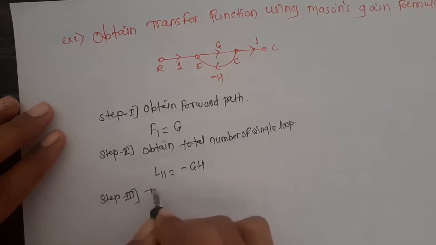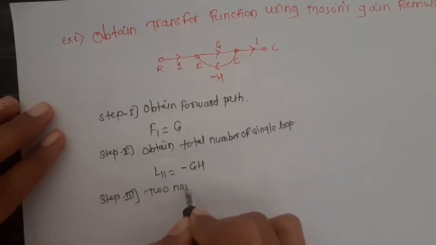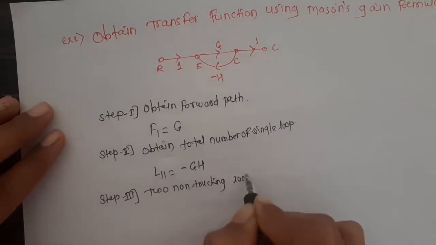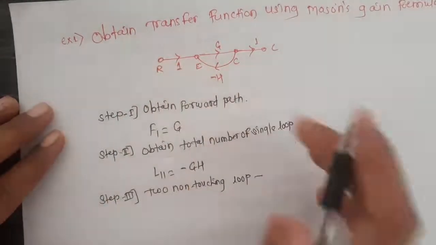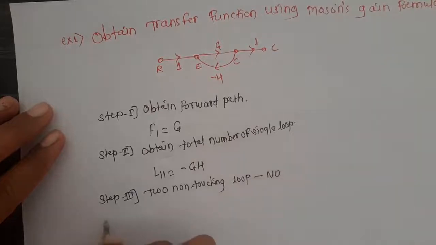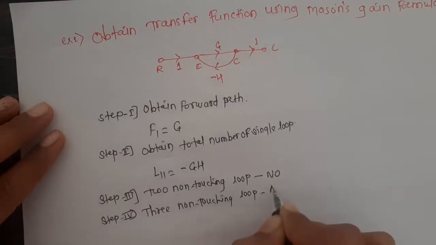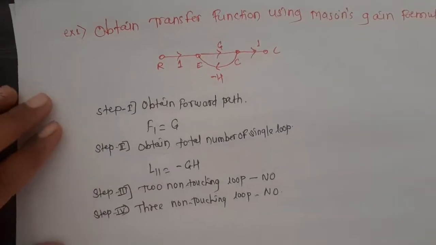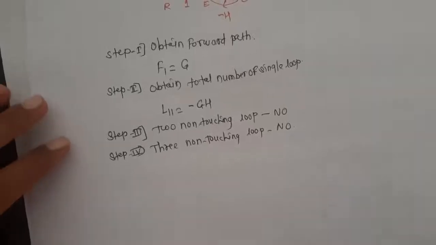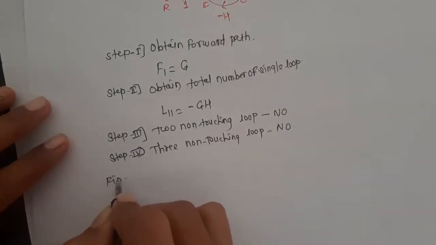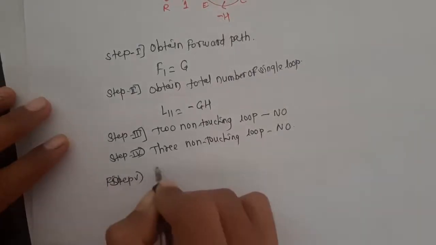Now step 3 is two non-touching loops. Here there are no two non-touching loops. The next step is three non-touching loops. There are also no three non-touching loops. Now next, find out Del. Step 5, find out Del.